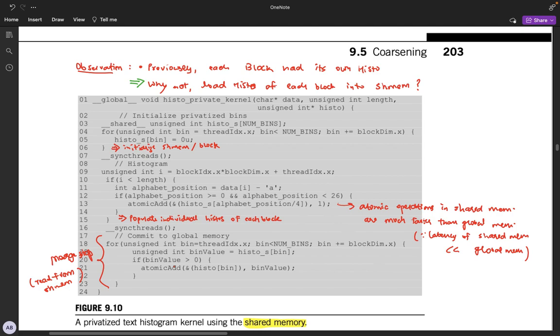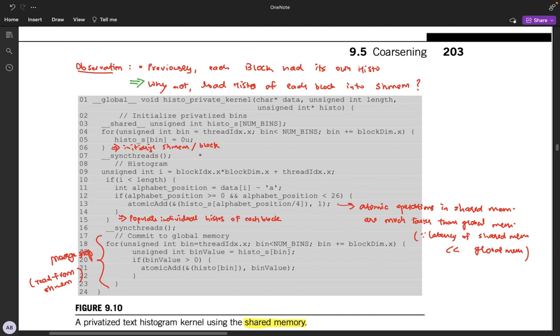That is shared memory, right? So instead of defining the histogram of each block in global memory, we describe the histogram of each block in shared memory, obviously if there is enough shared memory for this.